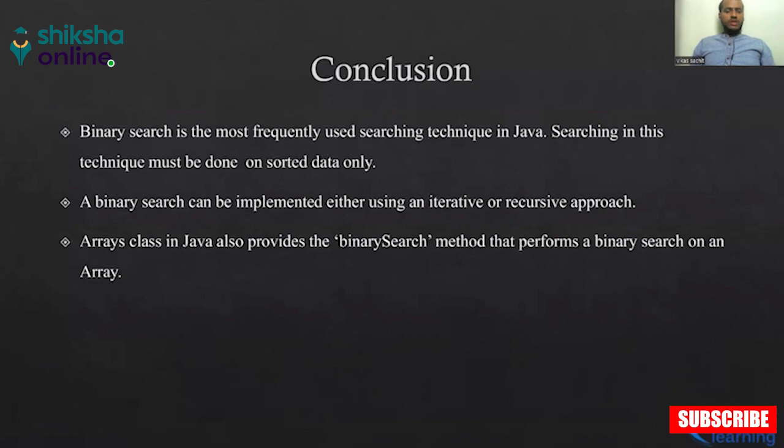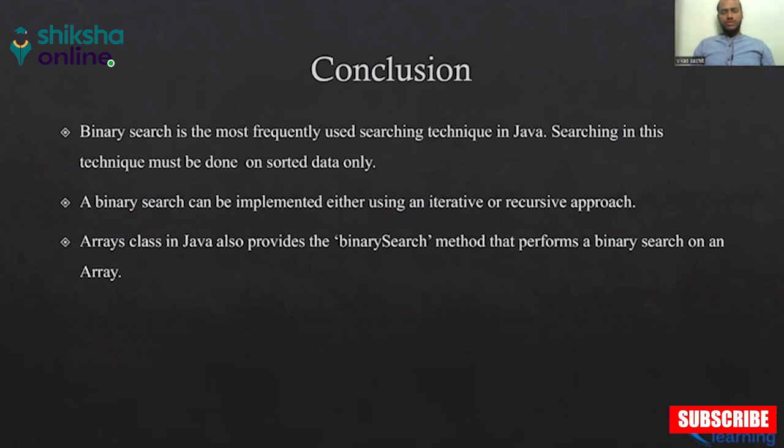Generally, binary search is the most frequently used searching technique in Java, and searching with this technique must be done on sorted data only. As I told, this is only used for data which is sorted. On that only we can apply it. A binary search can be implemented using either an iterative or a recursive approach. There are two ways: one is iterative, one is recursive.